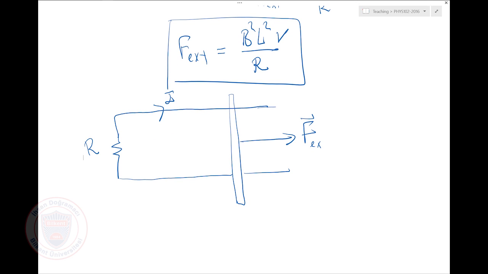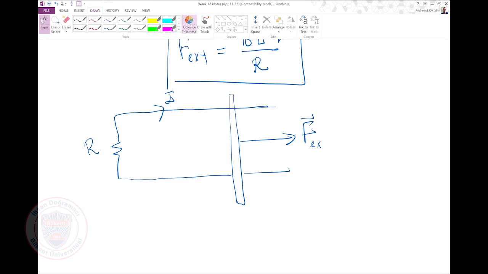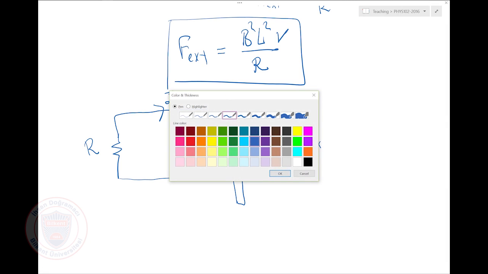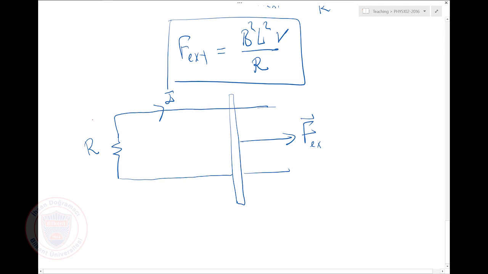If a current is running on the resistor, what does this cause? It causes, okay, maybe even red, this resistor will heat up, right? How much power will be dissipated on the resistor? The power on the resistor? I square times R.